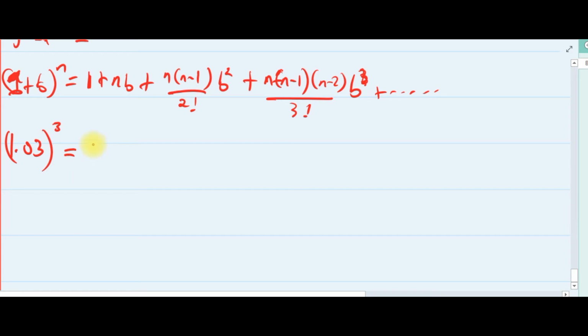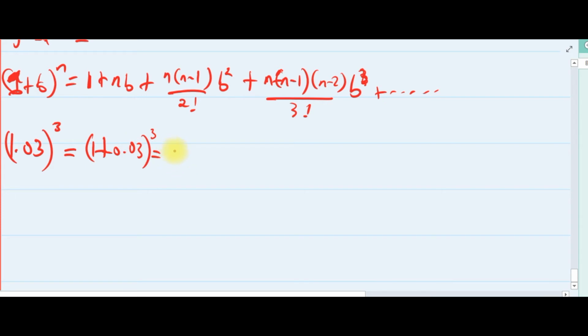We can write it as 1 plus 0.03 raised to the power 3. So we've converted it to binomial, where our a is 1 and our b is 0.03.